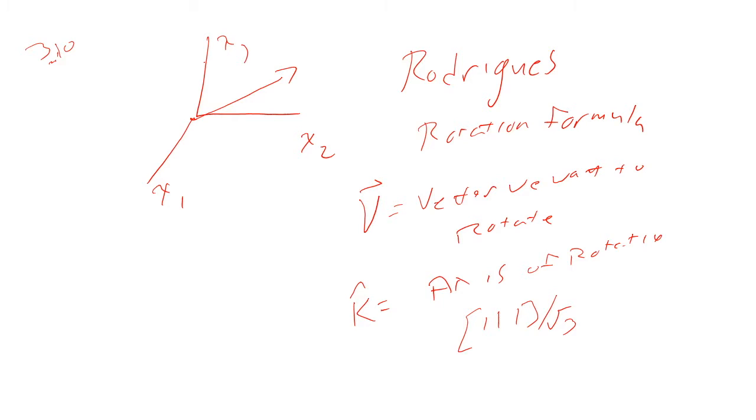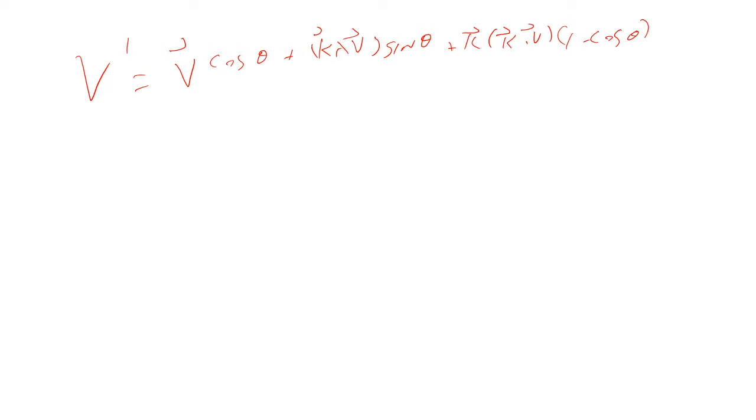And what the Rodrigues formula says is that v prime, our rotated vector, is equal to v cosine of the angle plus k cross v sine of the angle plus k times k dot v times 1 minus the cosine of the angle.